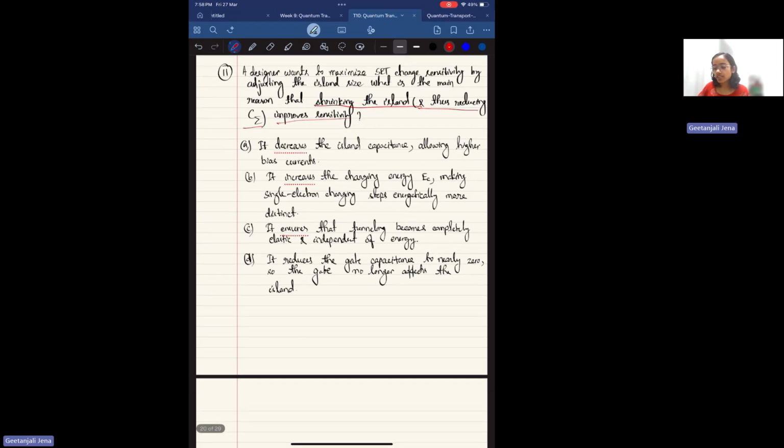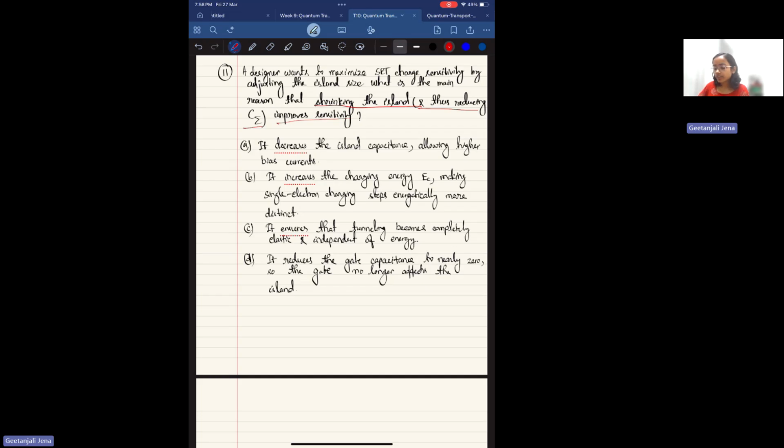Option A, it decreases the island capacitance, allowing higher bias currents. Option B, it increases the charging energy E_C, making single electron charging steps energetically more distinct. Option C, it ensures that tunneling becomes completely elastic and independent of energy.